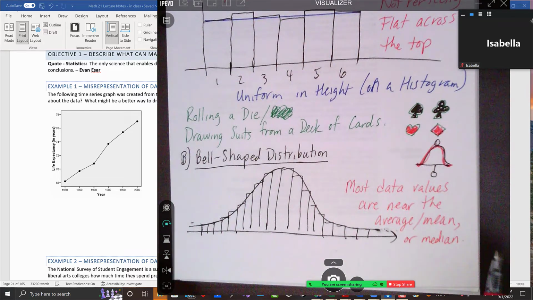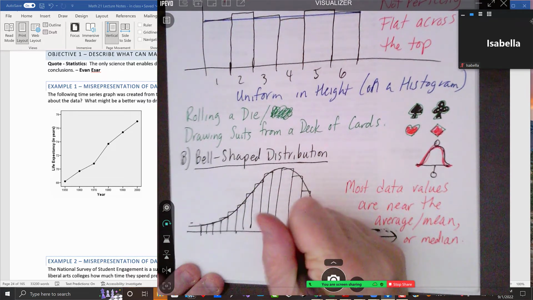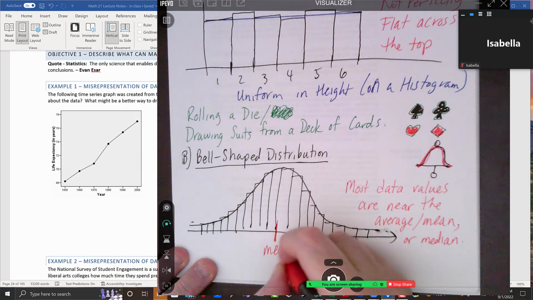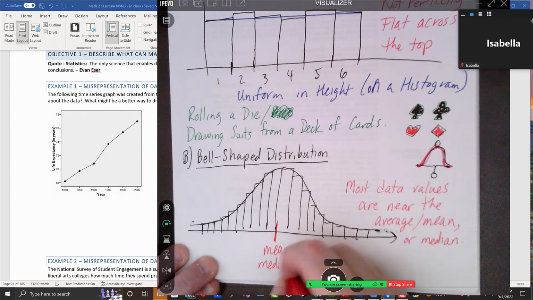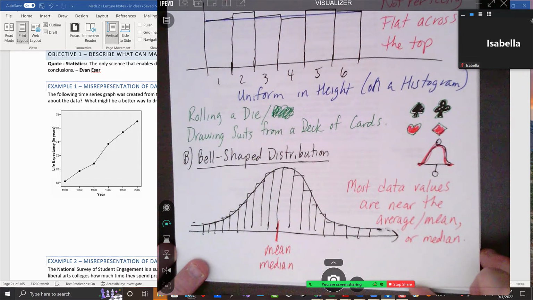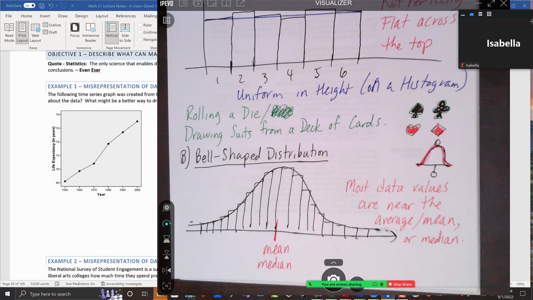For a bell-shaped distribution, the mean and the median are right in the middle. For a perfect bell-shaped distribution, usually it's just smack dab right in the middle.